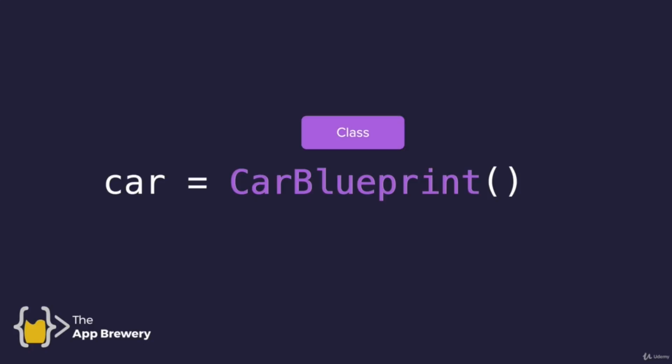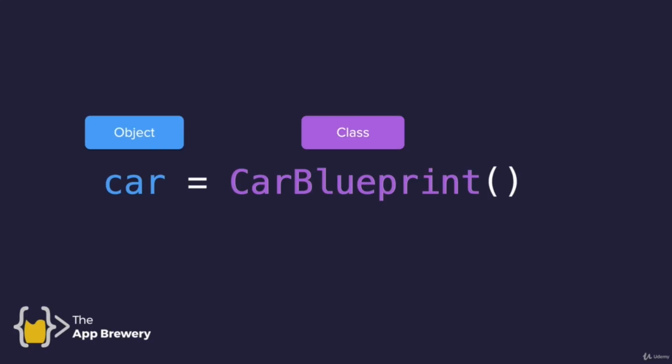So in this case, the car is the object, and it gets created from this car blueprint. All we have to do to create the object from the class is to give the object a name. It can be anything you want. Set it equal to the name of the class, and then the parentheses, which in the same way as it activates a function, it activates the construction of this object from the blueprint.